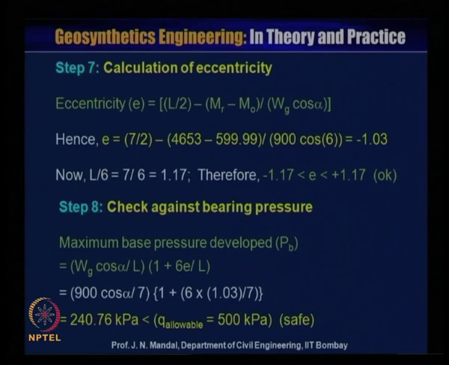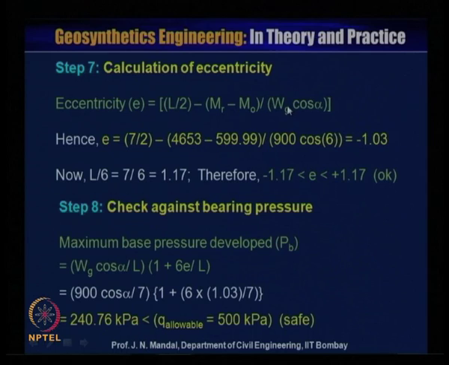Step 7, calculation of eccentricity. You know eccentricity is equal to L by 2 minus Mr minus M0 divided by Wg cos alpha. So, hence E is equal to 7 by 2 minus 4653 minus 599.99, you know all Mr or M0 value.